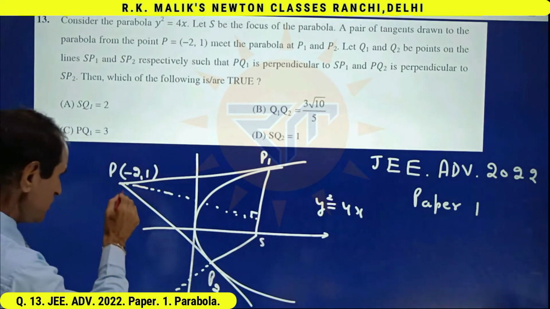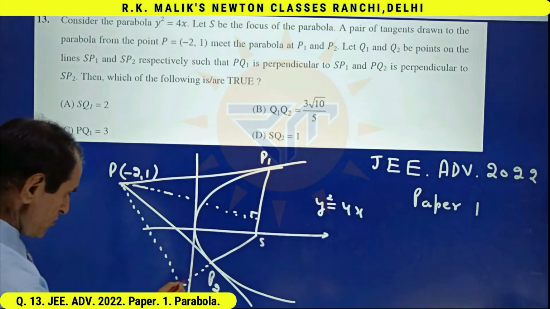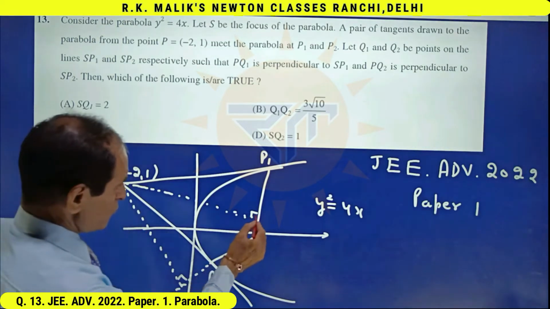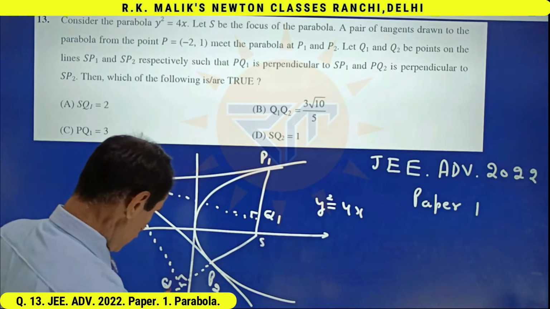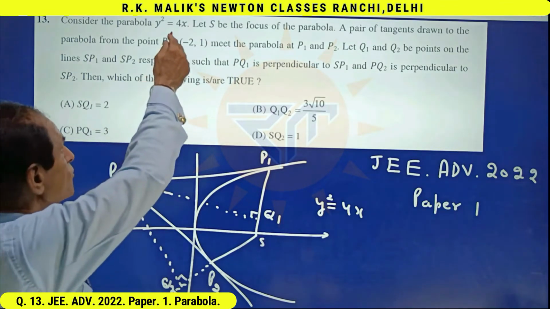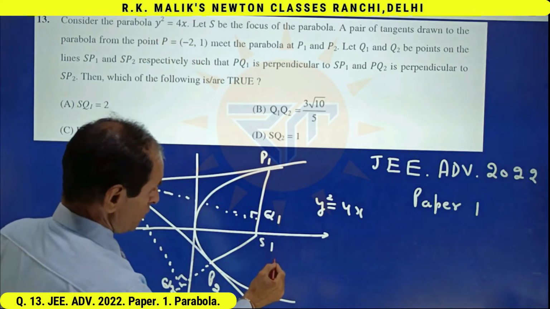This angle is 90. This angle is also 90. This foot of perpendicular is Q1 and this foot of perpendicular is Q2. Obviously, for the parabola y square equal to 4x, the focus will have coordinate (1, 0).